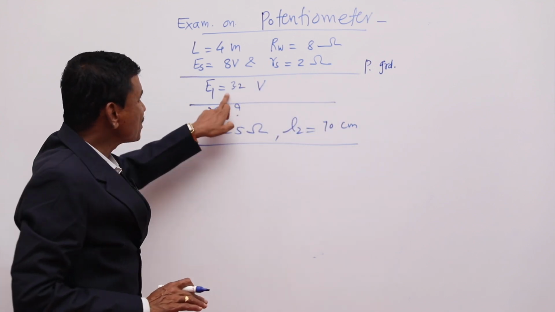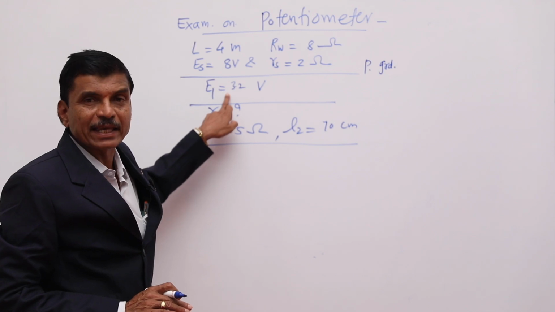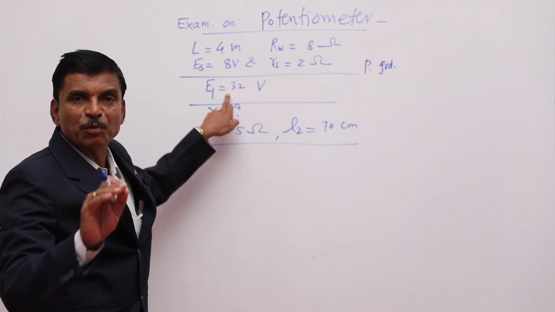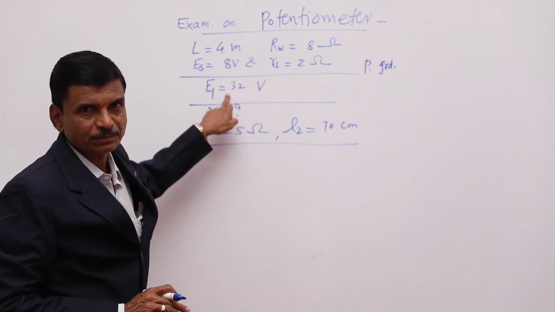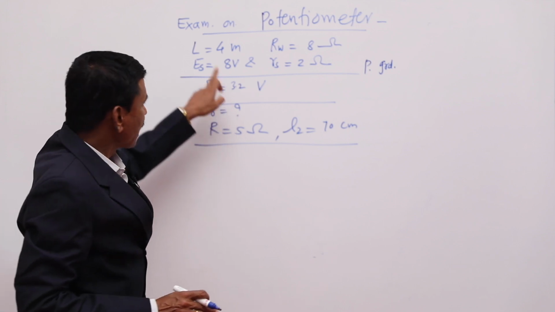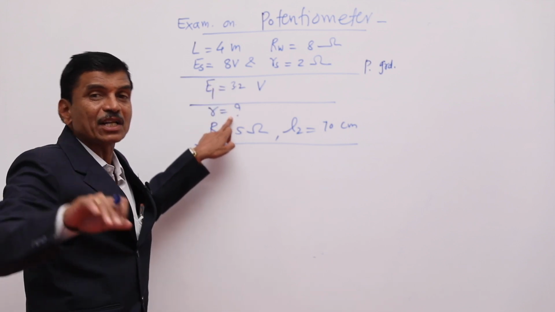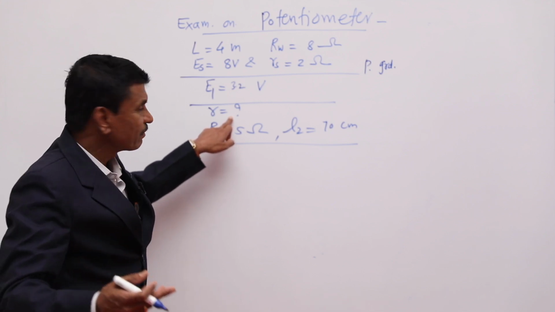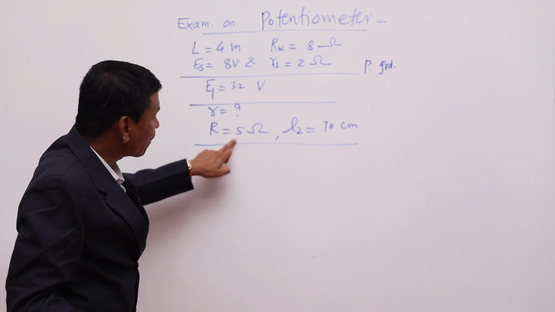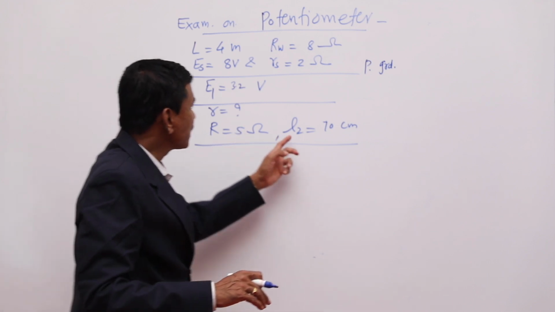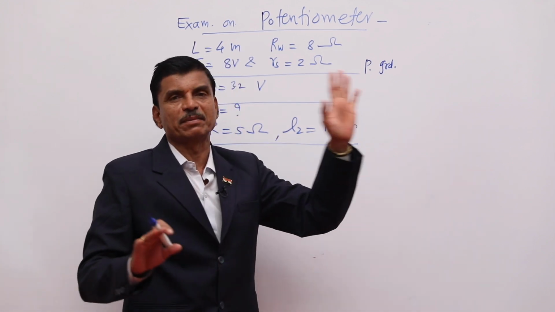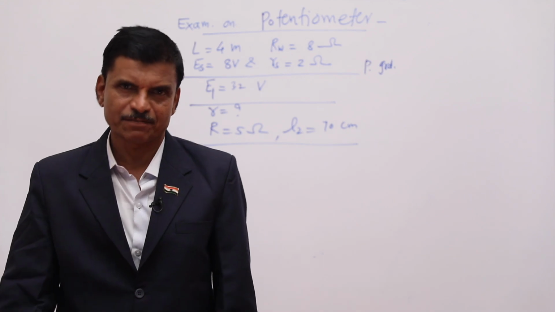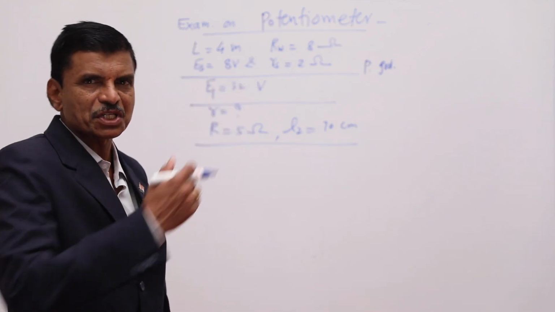Also calculate balancing length for a cell having EMF 3.2 volt. Okay. Also calculate its internal resistance. And what is given? When that cell is shunted by 5 ohm, the balancing length was found to be 70 centimeter. Those are all the given quantities. We will solve by the steps.